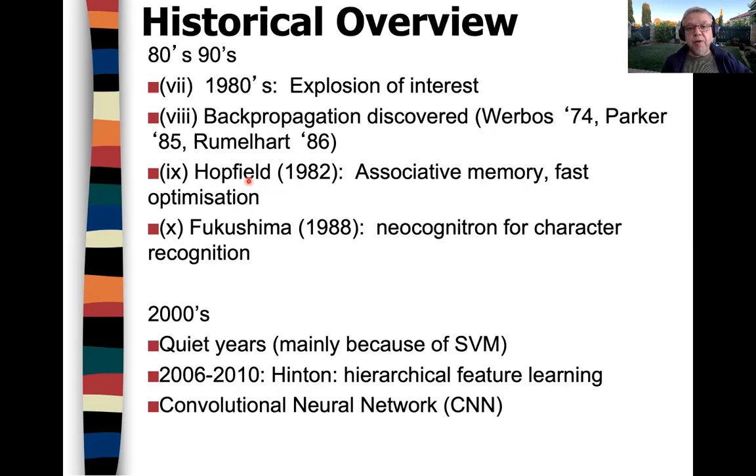We're talking here about Hopfield networks. Fukushima in 1988 came up with the neocognitron for character recognition. That's a network based on a model of the human visual system developed by Nobel Prize winners. Fukushima adjusted it to the case of artificial neural networks and came up with initially the cognitron and then the neocognitron. It was tested on character recognition.